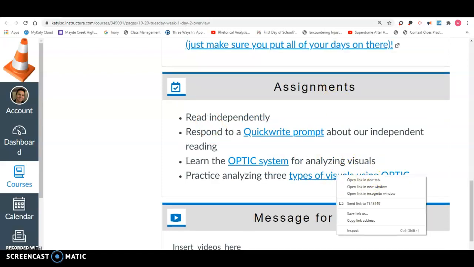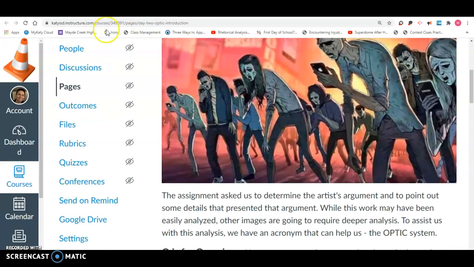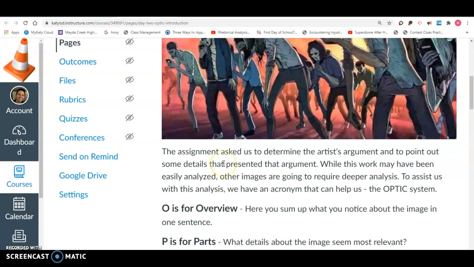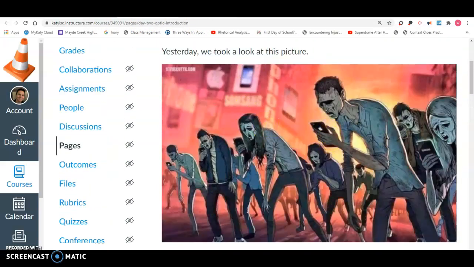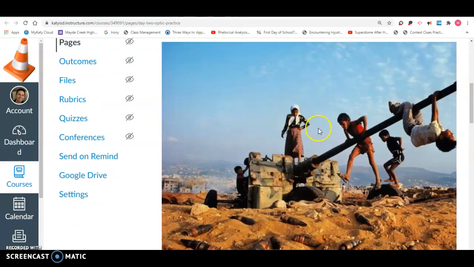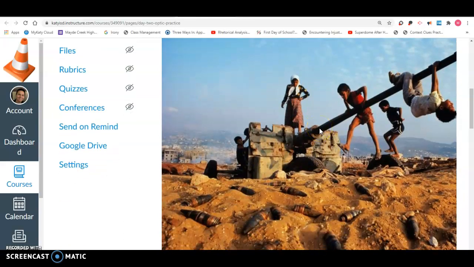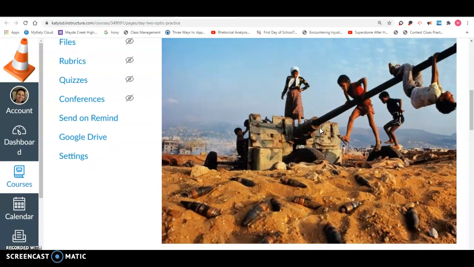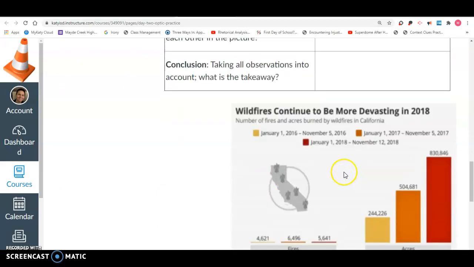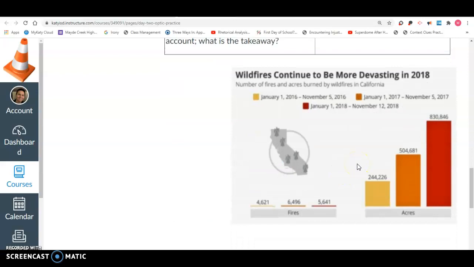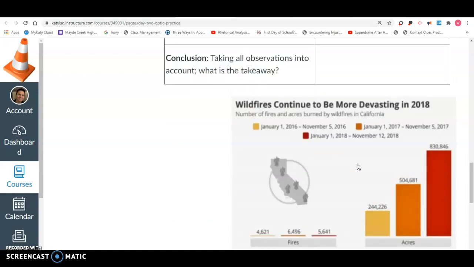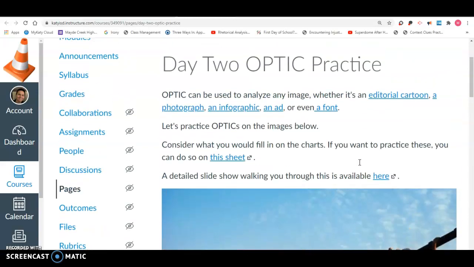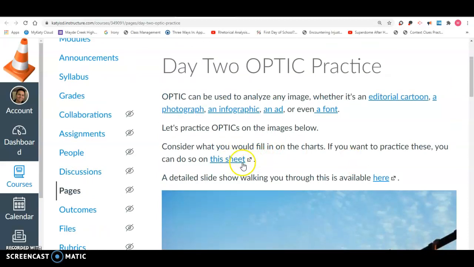So everything that I just mentioned, again, OPTIC, got the zombie photo here. We have the photo from the Middle East, the wildfire infographic, and at the very top you can click on these to access more information.